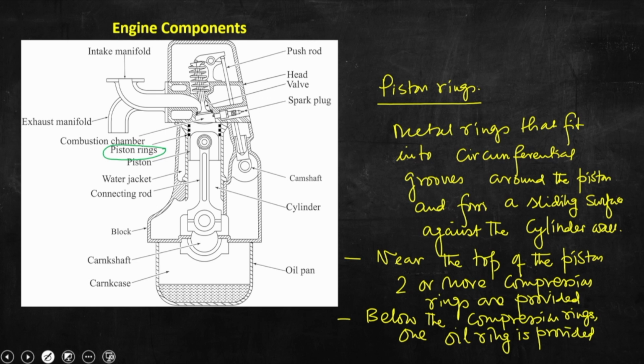So, that oil ring is provided just to provide lubrication to the cylinder wall. The purpose of this oil ring is to supply sufficient lubrication to the cylinder wall.